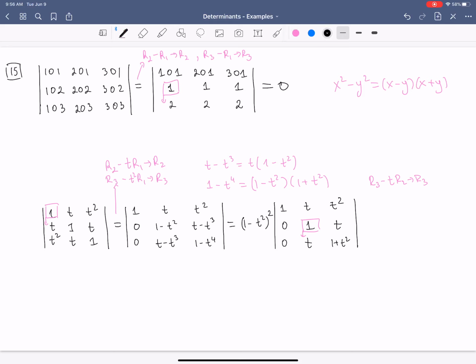And what I get is, so I have to keep on copying 1 minus t squared squared times 1, t squared, 0, 1, t, 0, 0, and then I have 1 plus t squared minus t squared. So really just a 1. And what I see is the determinant of this matrix is just 1, because it's an upper triangular matrix with 1s along the diagonal. So ultimately the determinant of this whole matrix is 1 minus t squared squared.